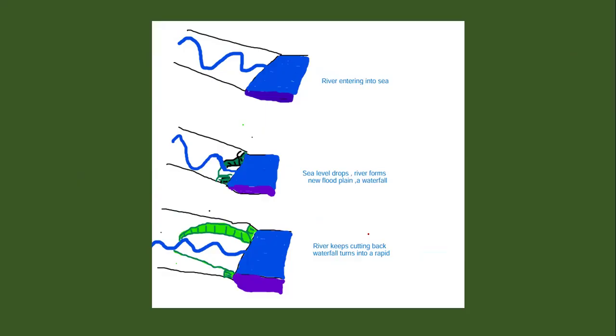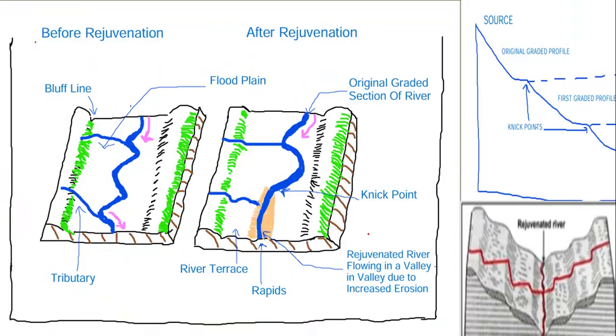There are 3 main causes of change in the sea level. Number 1, it is the isostatic changes. These are the local changes where the height of the land changes relative to global sea level. Number 2, eustatic changes.